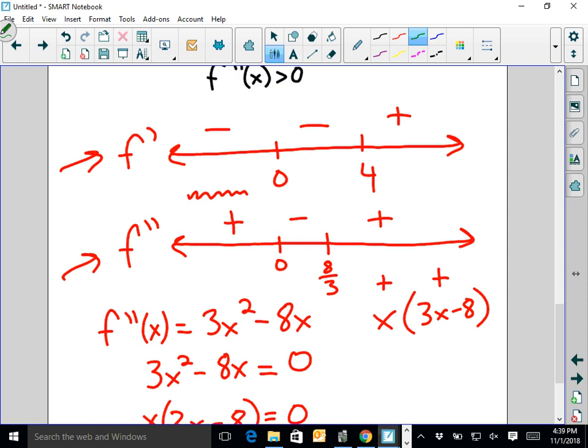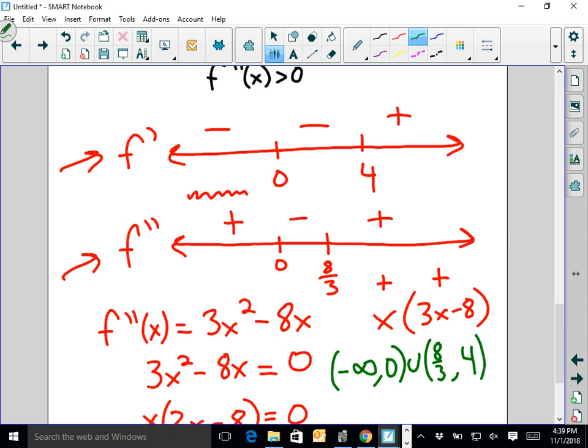So my first region starts at -infinity and goes to 0, union 8/3 all the way till 4. And that's my region.